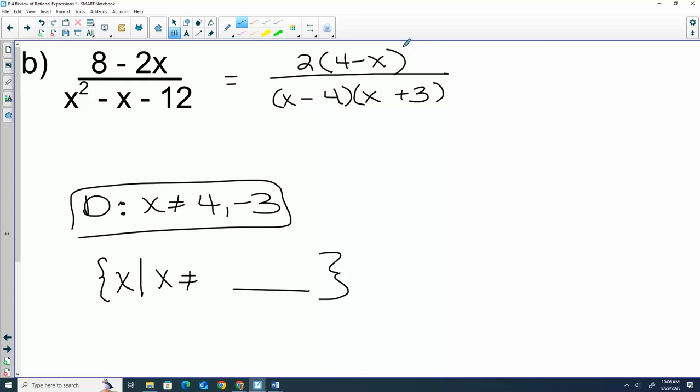So are there any parentheses that are close to canceling? Yeah, when I look at x minus 4 and 4 minus x, what's the difference? Flip-flopped, the negative. So what we could do is go back and take a negative out of the top. If you take out a negative, then it's -4 plus x.